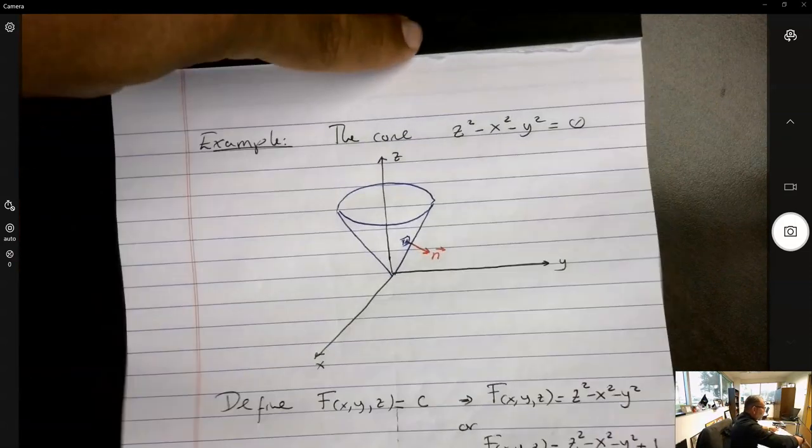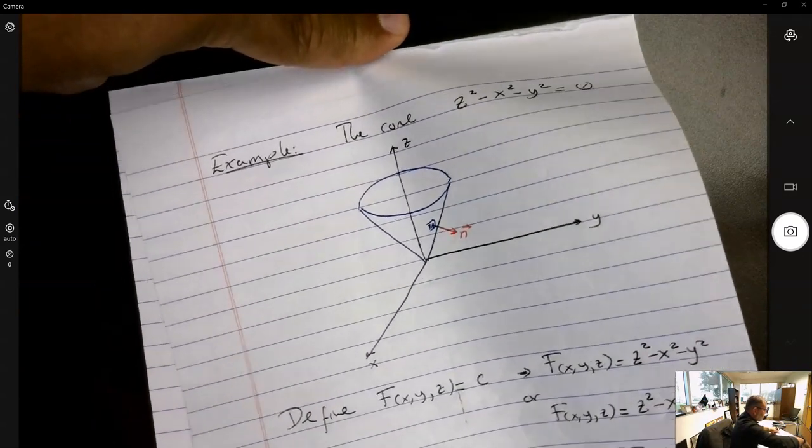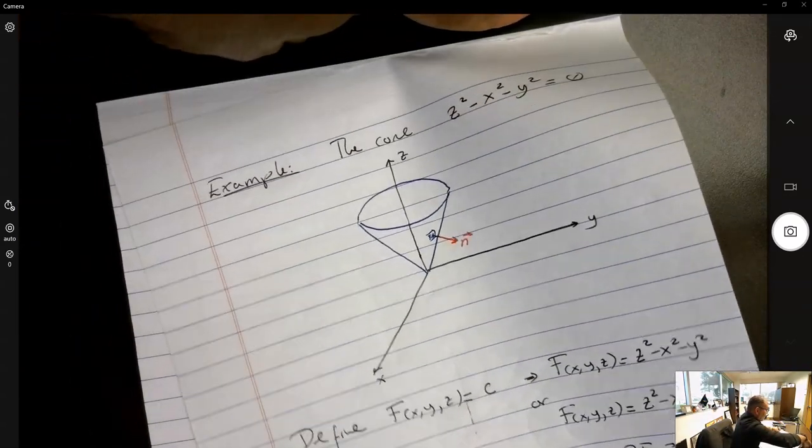What if we want the outward drawn unit normal vector for whatever particular application that we're working on?